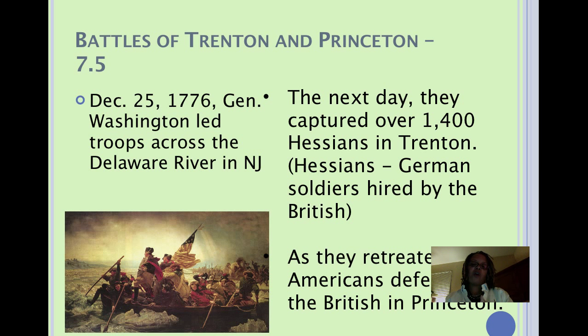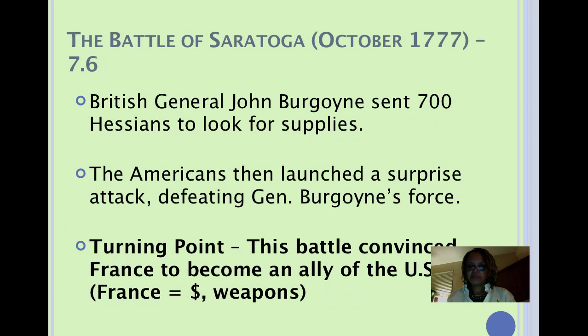They captured all of the men and held them, to send a message to England, but also to get those mercenaries off their radar so they could no longer fight them. As they retreated, the Americans also defeated the British in Princeton. As they were going back, they ran into some British in Princeton and defeated them as well.